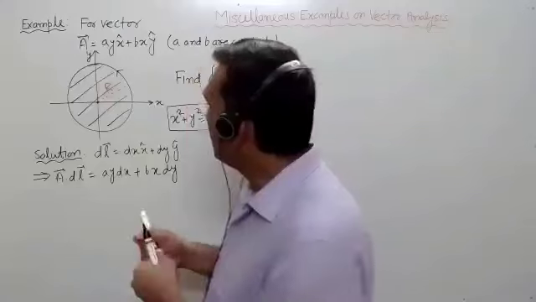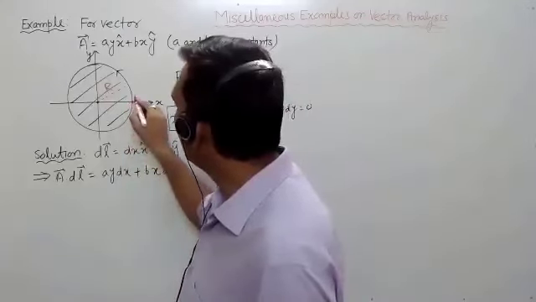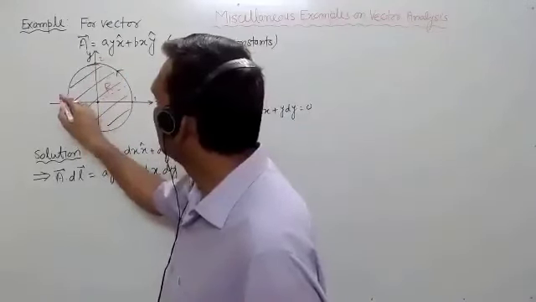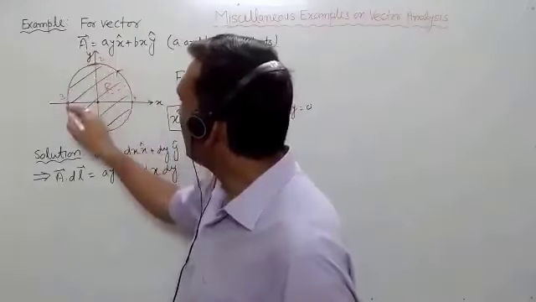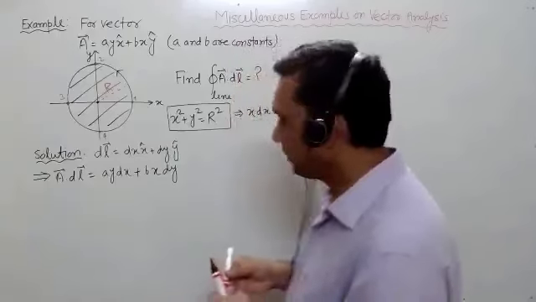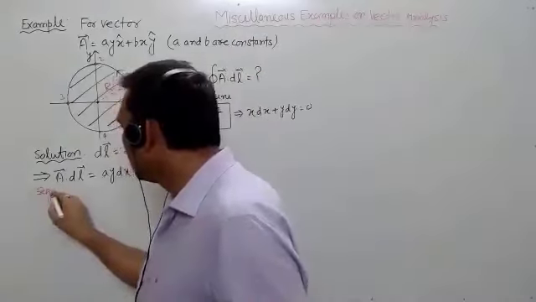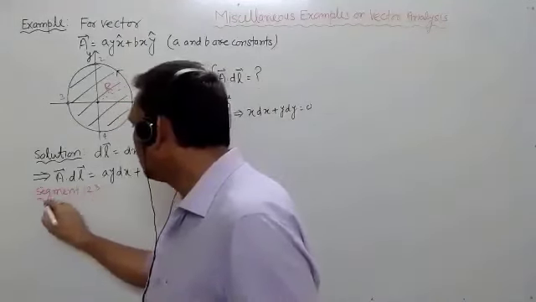So you can divide this into two segments. Let's say this is point 1, this is 2, this is 3, and this point is 4. So you have segment 1, 2, 3 and segment 3, 4, 1. You have two segments. So consider segment 1, 2, 3.